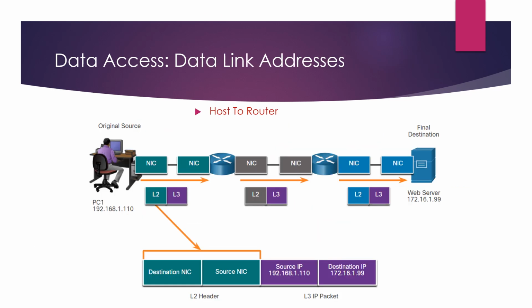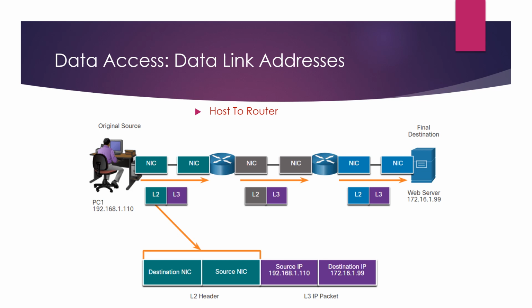The logical addresses, or the IP addresses, are responsible for delivering the packet from source to the final destination. But the data link layer, or the physical address, has a different role.